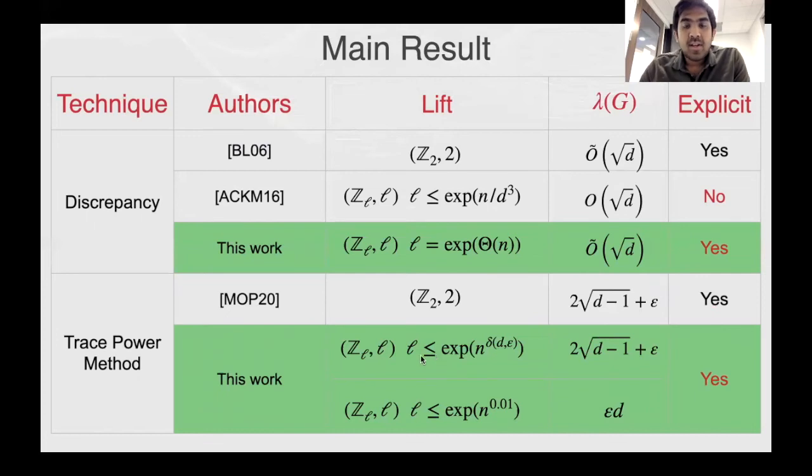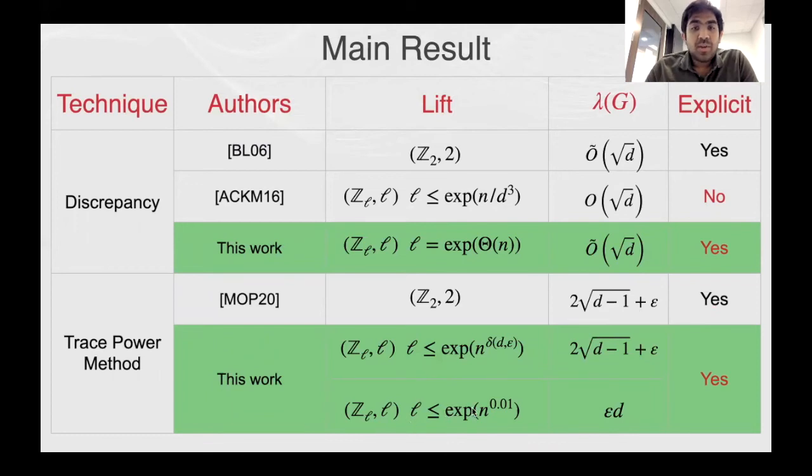On the other hand, the other regime, the slightly smaller lift regime, can be thought of as a generalization of the work of MOP, because here we use a similar strategy: we use the trace power method, and we are able to get the almost Ramanujan bounds for L as large as 2 to the n to the f, where f is some function of epsilon, right?